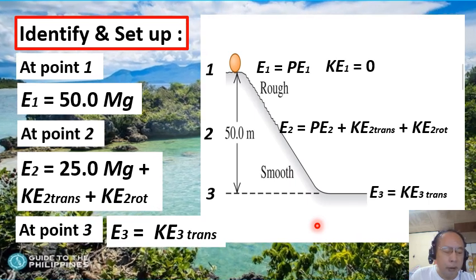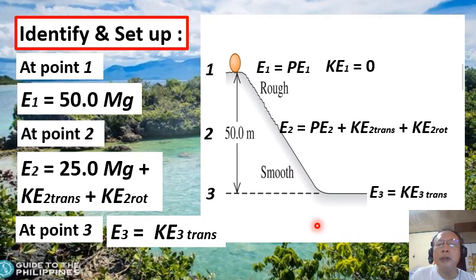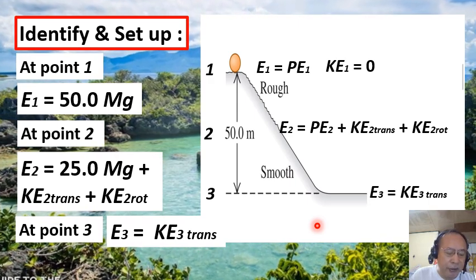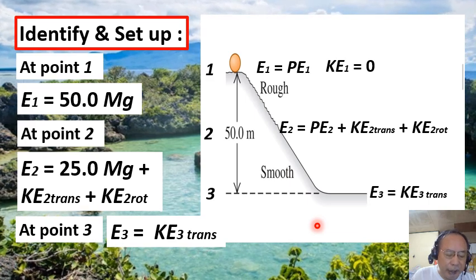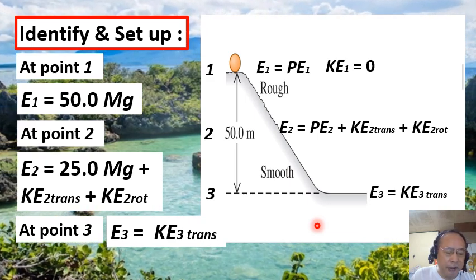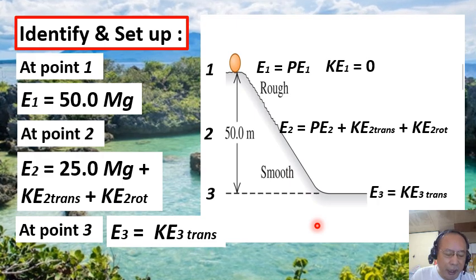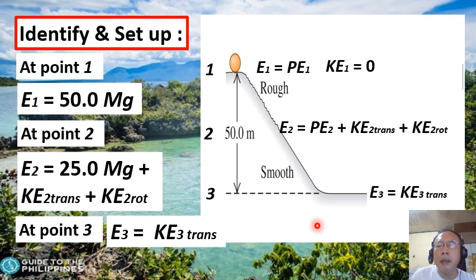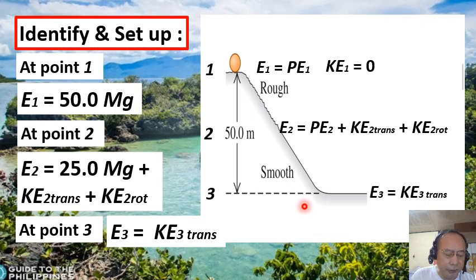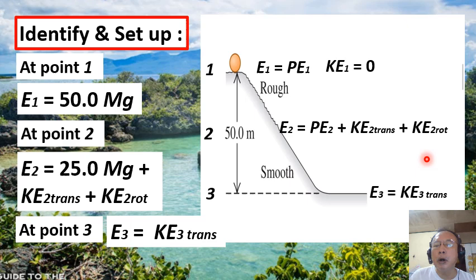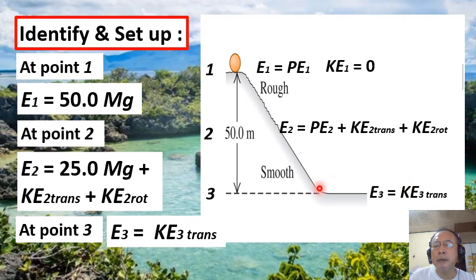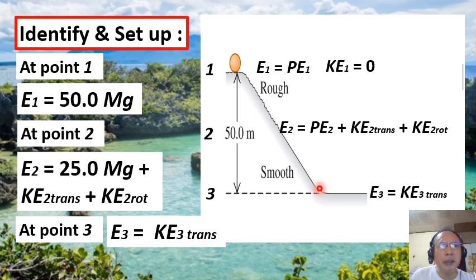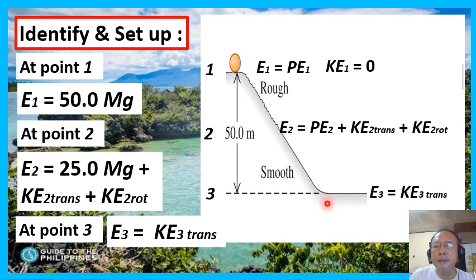But the boulder is still losing potential energy and gaining translational kinetic energy only. Only translational kinetic energy is being gained as it slides down from level 2 to level 3. There is no more rolling. So, in other words, there is no more rotational kinetic energy that is being converted.